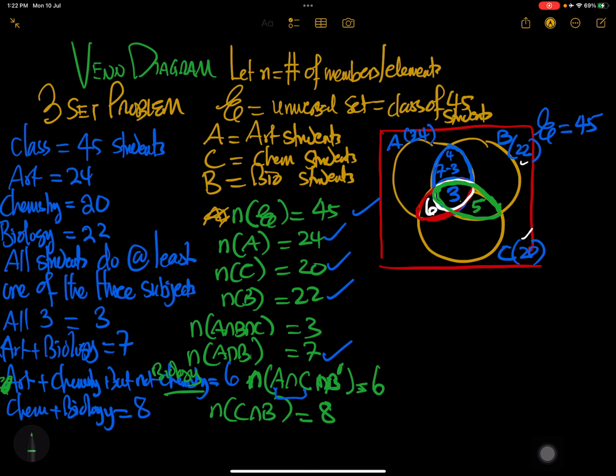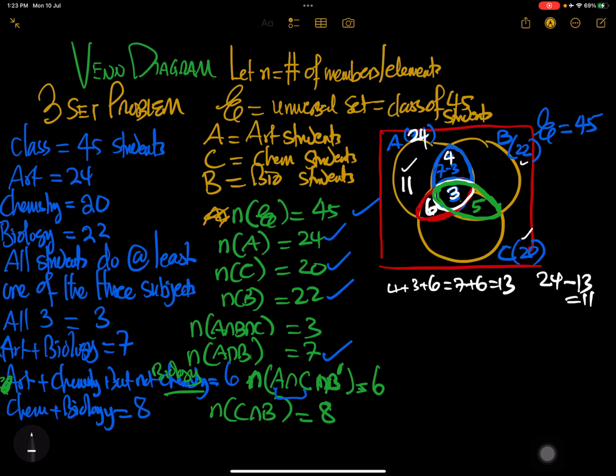Now we can be able to find what is here, because here is 4, here is 3 and here is 6. That gives us 4 plus 3 plus 6, which is 7 plus 6, which is 13. We want to make sure that A is 24, so we get 24 minus 13, which gives us 11.